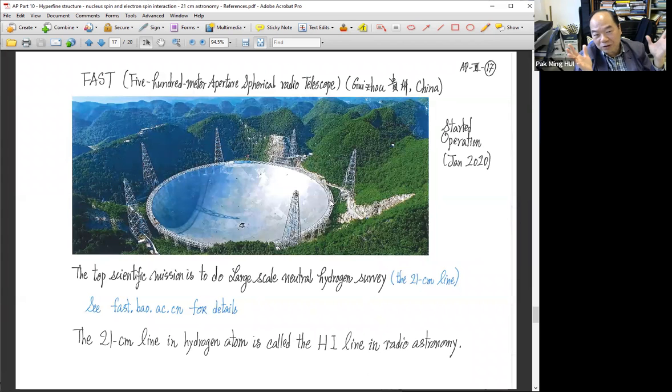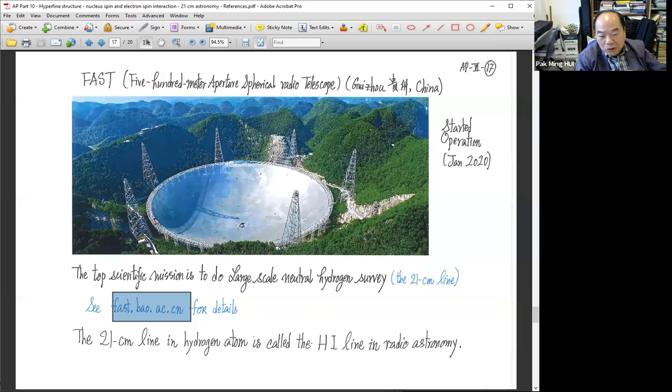It's a 500-meter aperture radio telescope. I encourage you to look into their website, because every big project has to justify its building and existence, because a lot of money has been invested.